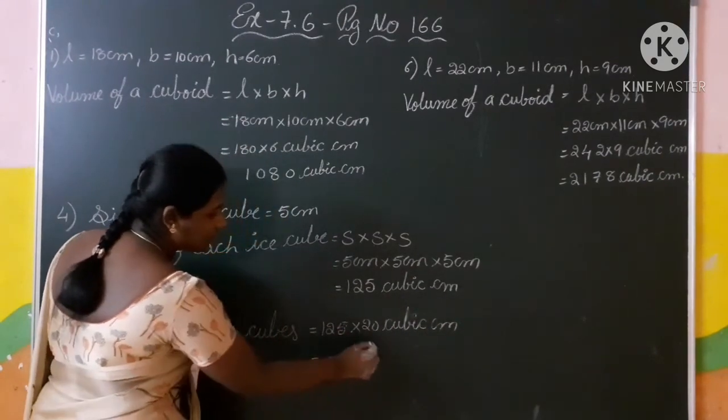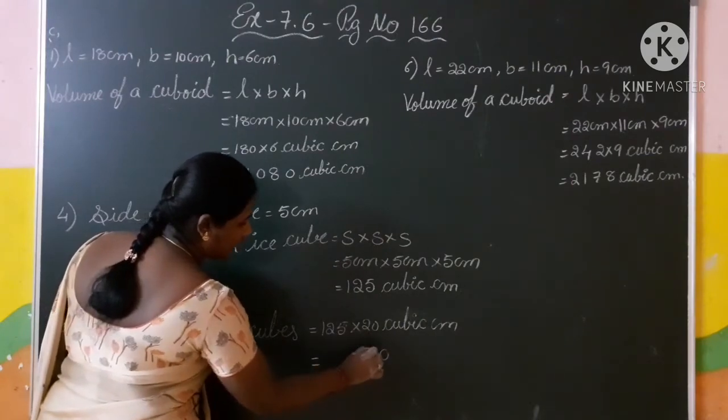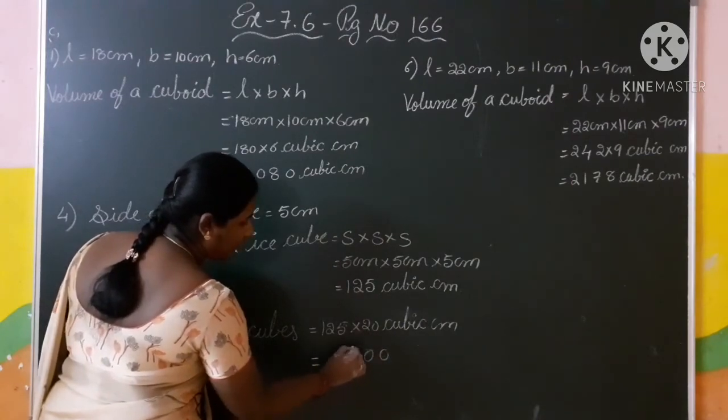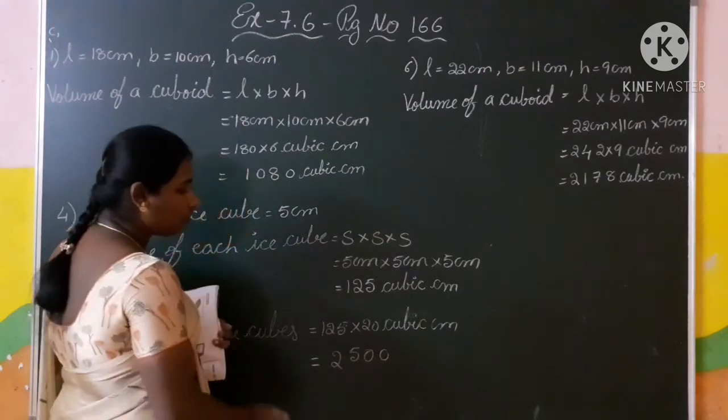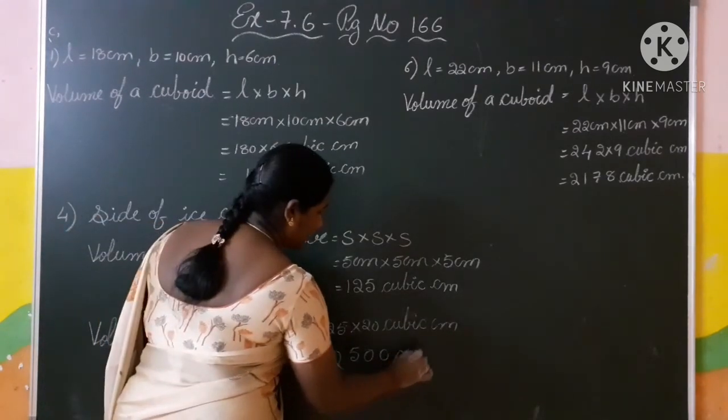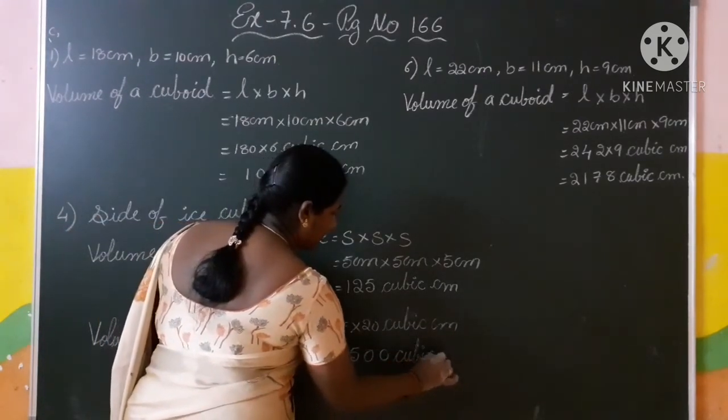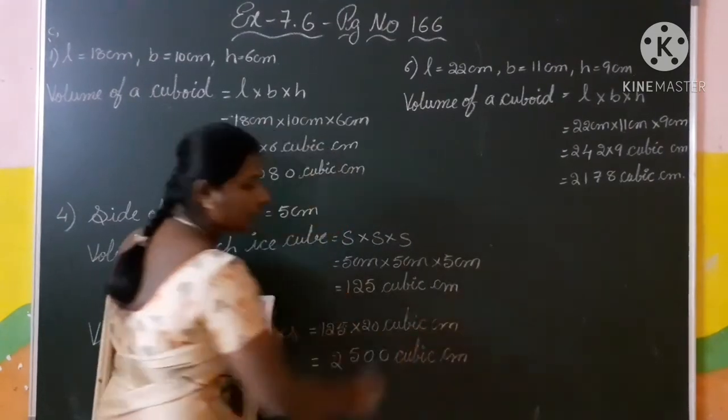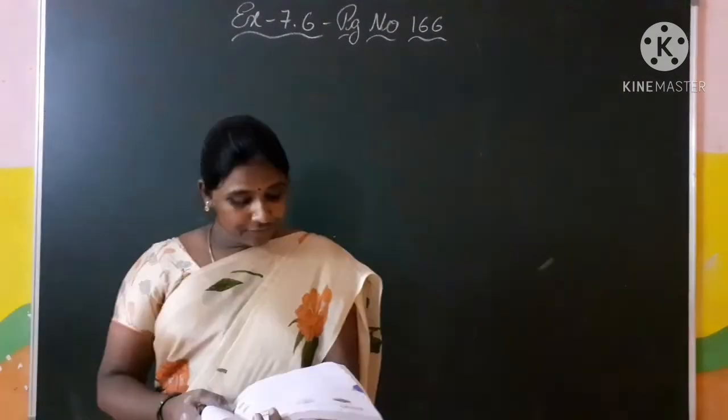So here 0 is the 0, 2 5s are 10, 2 2s are 4 plus 1, 5, 2 1s are 2. So 2500 cubic centimeter. Fifth question.